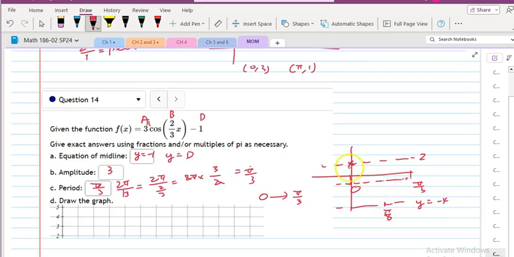It hits the lowest, and then the quarter point, and then at pi over 3 it hits the highest. So for online graphing, I only need 0, 2, and the lowest point, which is at pi over 6, with half of pi over 3 being pi over 6, and it hits -4.